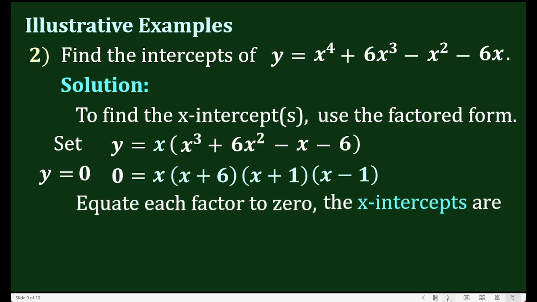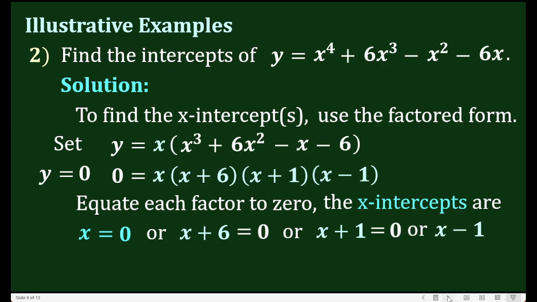So for the first linear equation, we have x equals 0 taken from this factor. And for the second factor, x plus 6 equated to 0. For the third factor, x plus 1 equated to 0 also. And the fourth factor is also equal to 0. So we have 4 resulting linear equations in one variable of x.